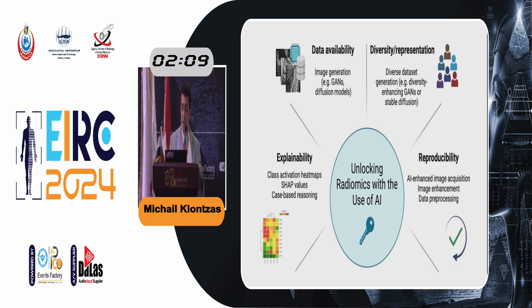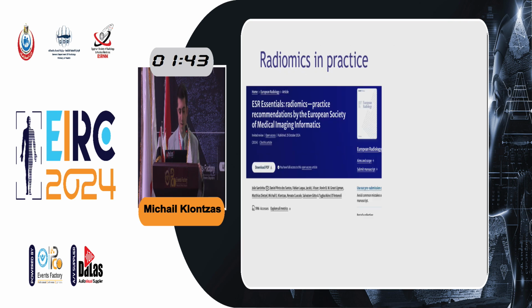In the representation problem, you can have enhanced sampling and increase of the lower represented groups, for example. You can explain what radiomics show using class activation heat maps and SHAP values. And of course, with AI-enhanced image acquisition, you can increase the reproducibility and the quality of the data that you put in the algorithms so that you can have nice models predicting what you want to predict.